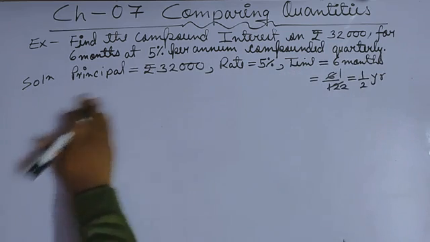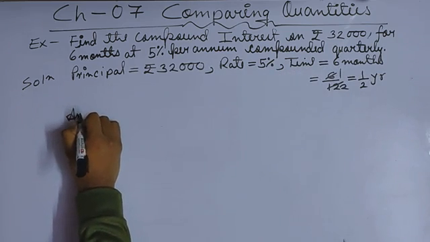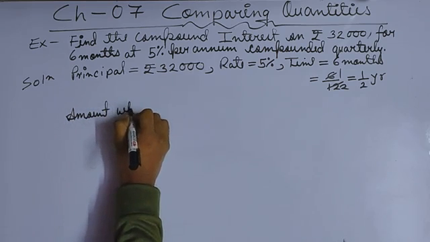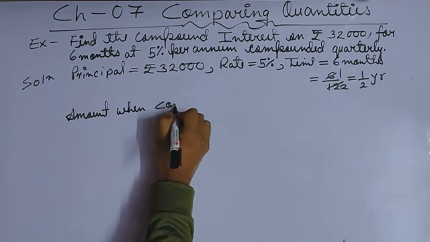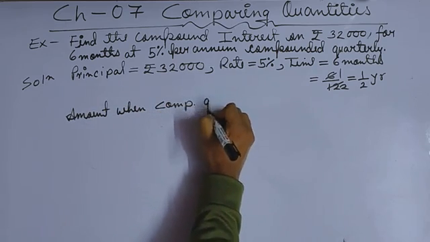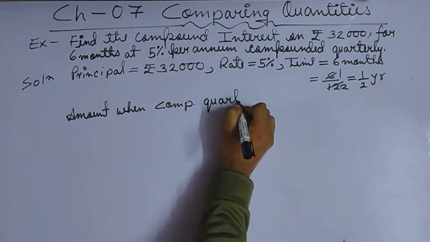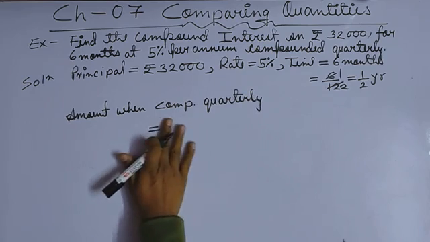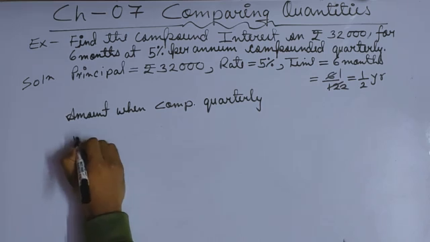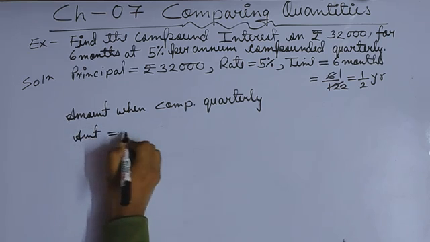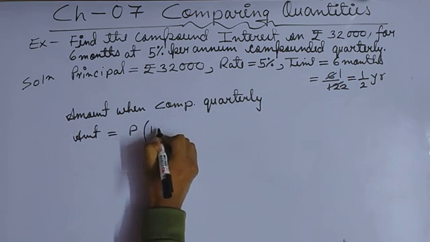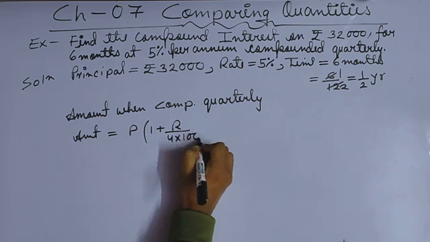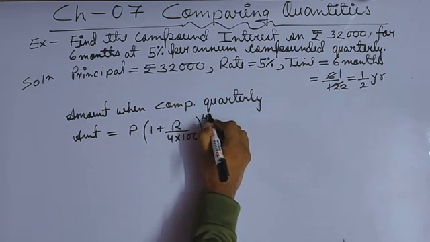Now we know the formula of the amount when compounded quarterly. When we calculate compound interest quarterly, the formula for amount is P into 1 plus R upon 4 multiply 100 to the power 4T.